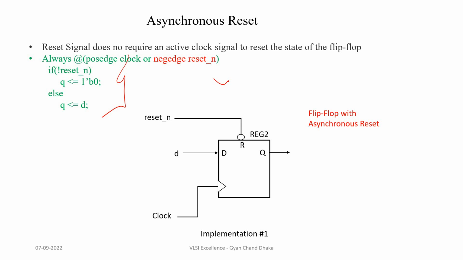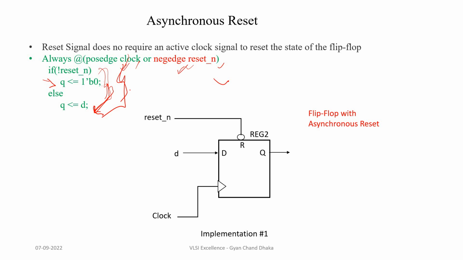Here, if you see, it is either at positive edge clock or negative edge reset. So the code sitting inside the always block can execute either at positive edge clock or negative edge reset, unlike synchronous reset where the code inside the process block can only execute at every positive edge of the clock. As soon as there is a negative edge of reset, the flip-flop will get reset.